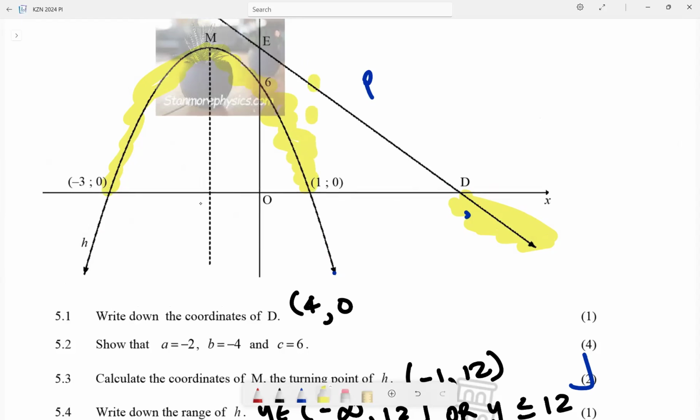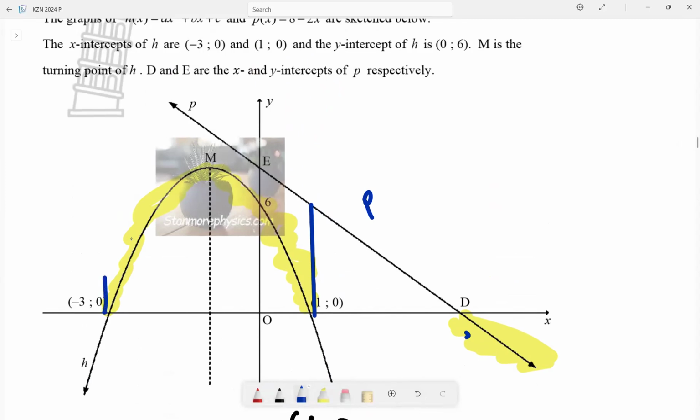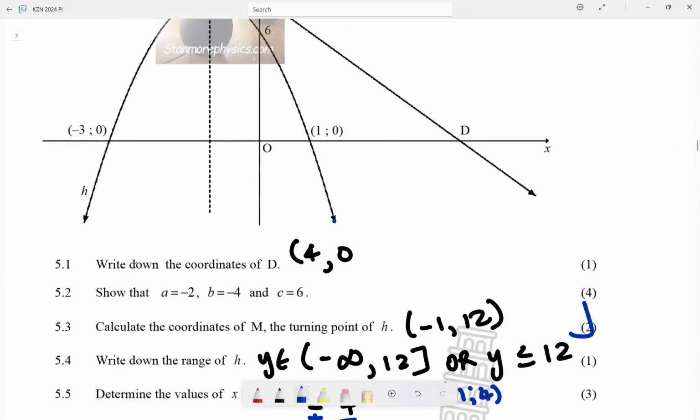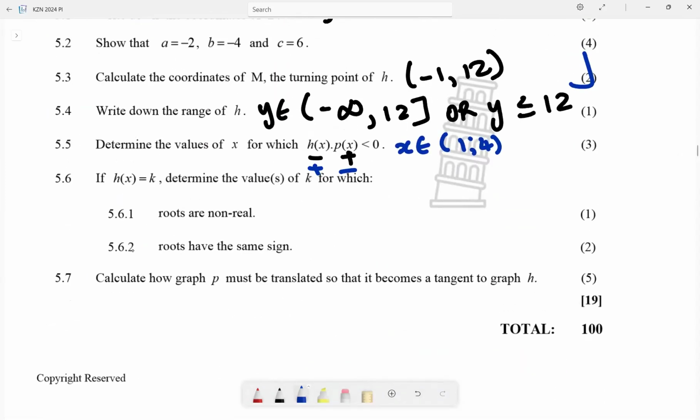If I draw my graph like this, they do not intersect anywhere. Where they intersect, they are both positive. So there's no way they intersect. So yeah, the only one that works is the one that we have already found. Okay. So X is an element of 1 to 4.